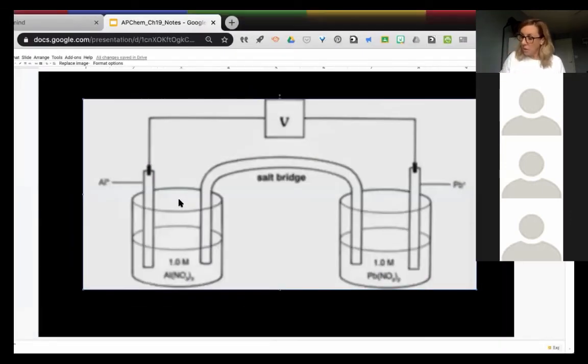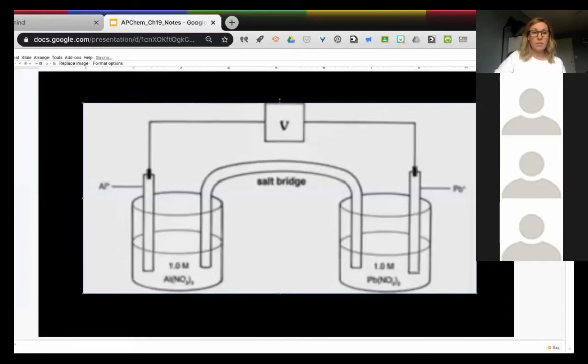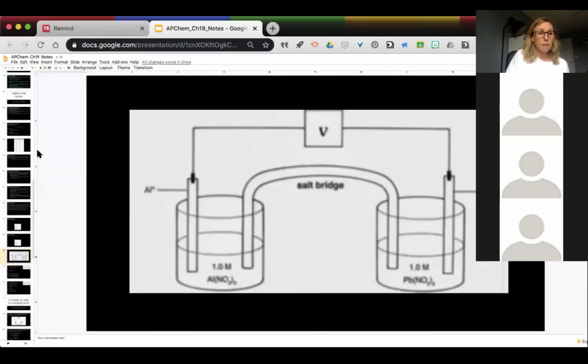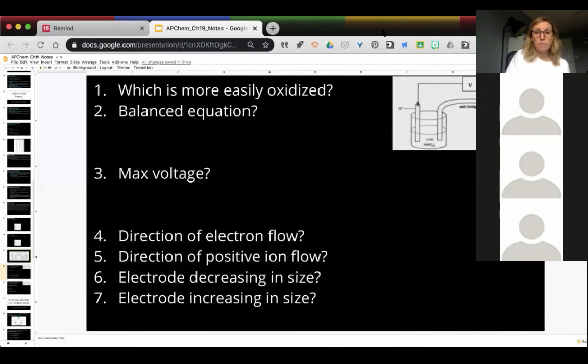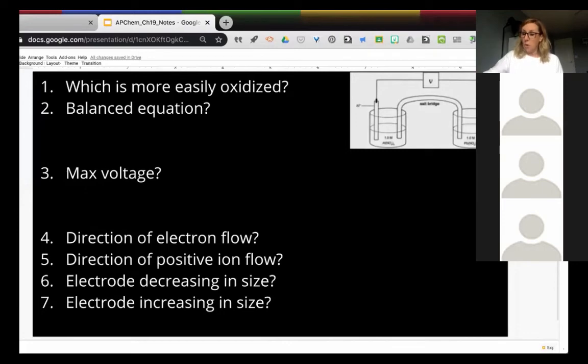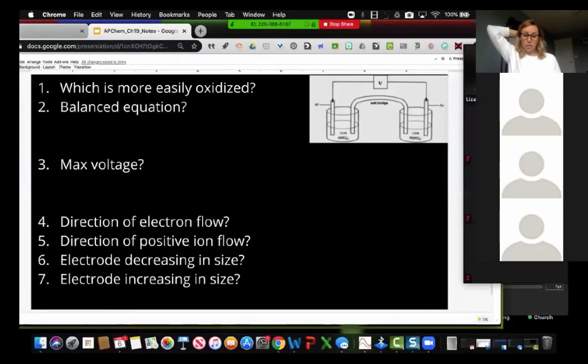Okay, so then let's look at the questions. All right, on this one, the first question is which is more easily oxidized? Basically what that's asking is what is the anode?